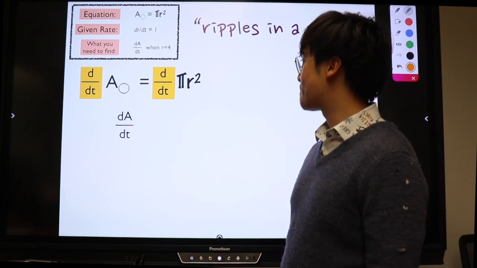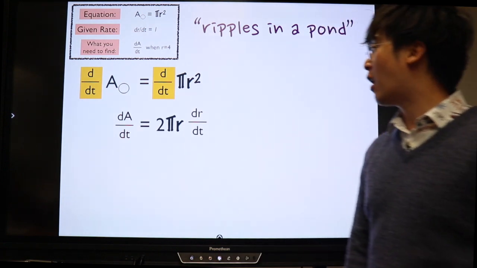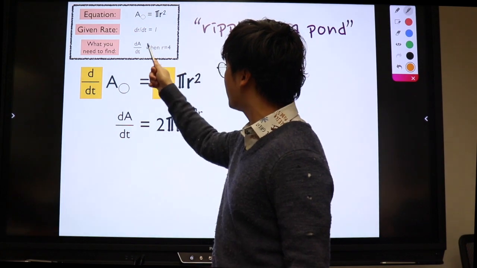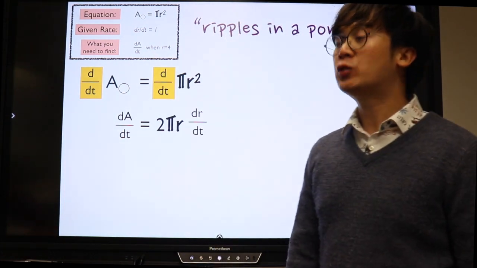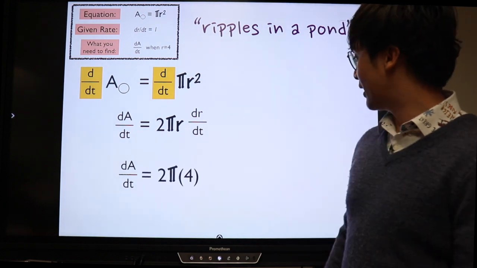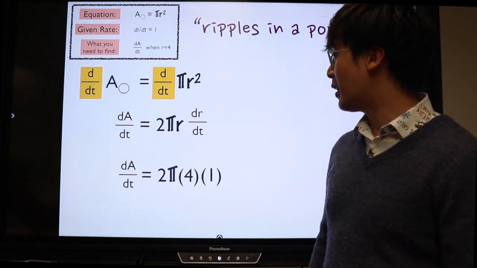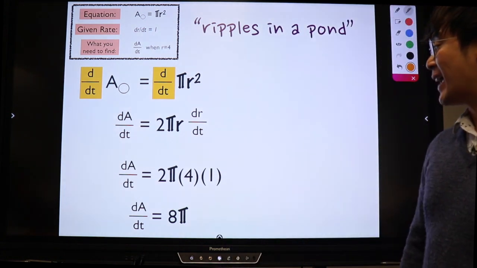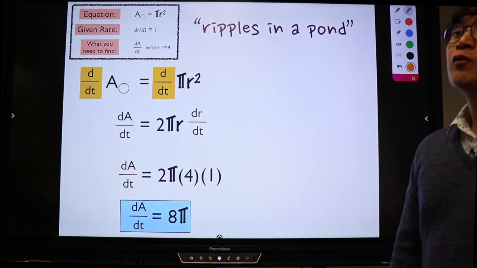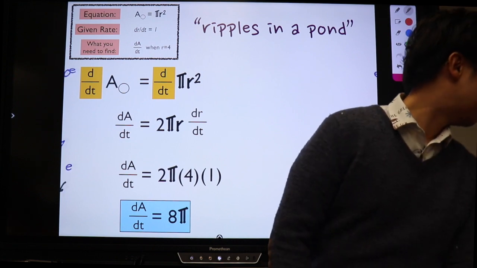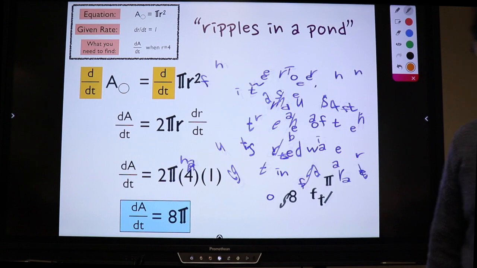I mean 2r, right? So we'll have 2 pi r dr/dt, and then from the given rate and what we need to find when r is equal to 4, all we need to do is to plug in the values that are in the problem. And in this case, r is 4 and dr over dt is 1. So the rate at which the disturbed water is changing is 8 pi for this particular problem, with the unit of measurement that is feet per second.